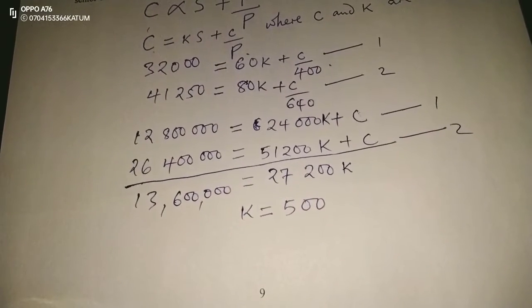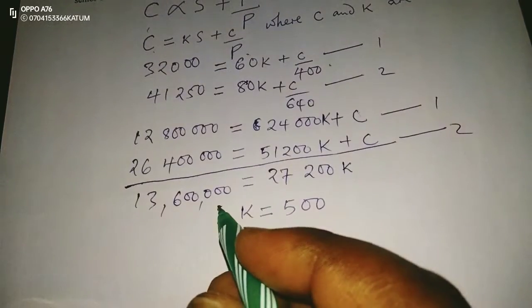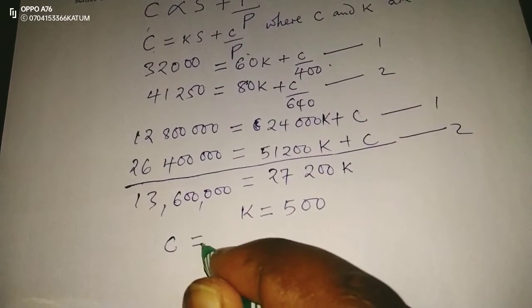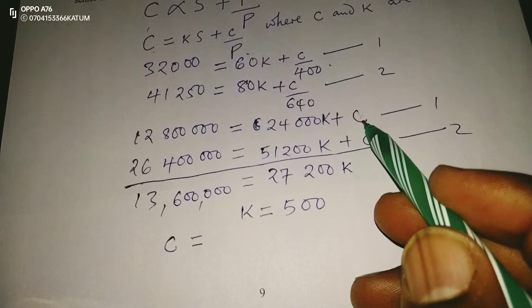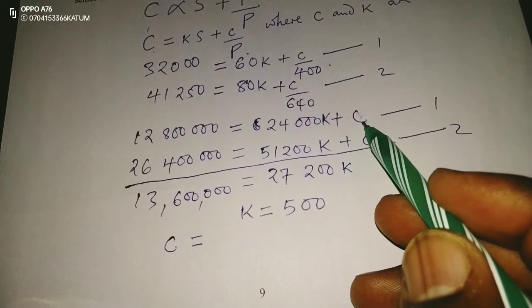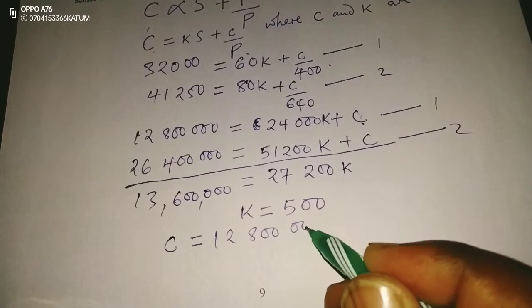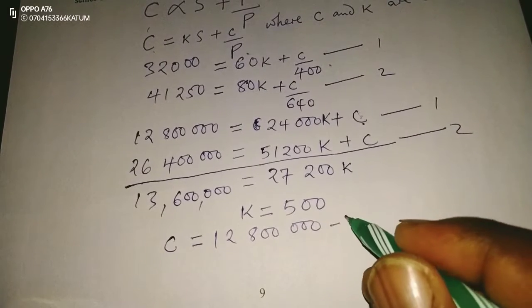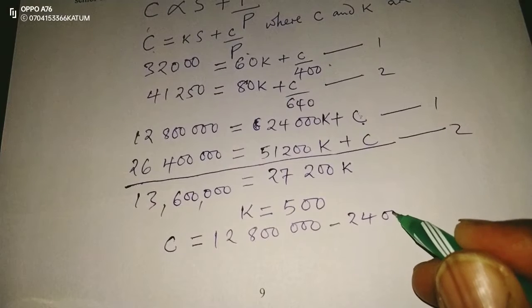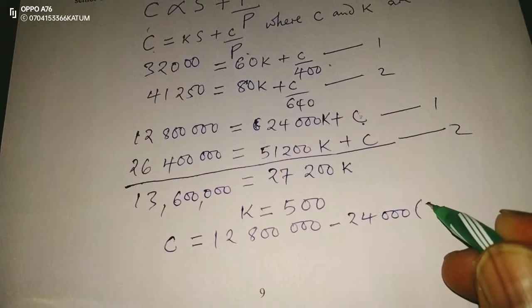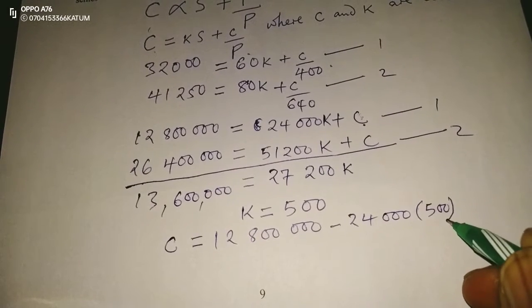That means the value of C can now be obtained. For us to get C, I can use the first equation. To get C, I will need 12,800,000 minus 24,000 times the value of K, which is now 500.